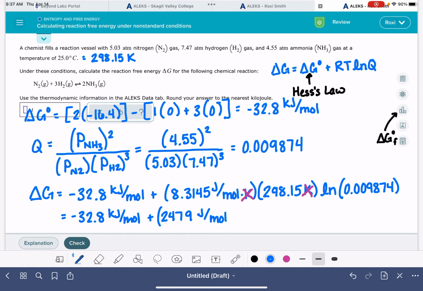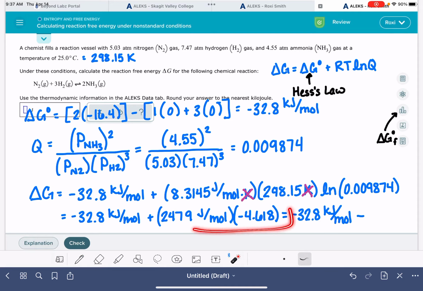And then that number needs to be multiplied by the natural log of 0.009874, which is negative 4.618. That is going to give me, I'm just kind of trying to go a little slow here on the math because it's a lot of places where we can get stuff messed up.